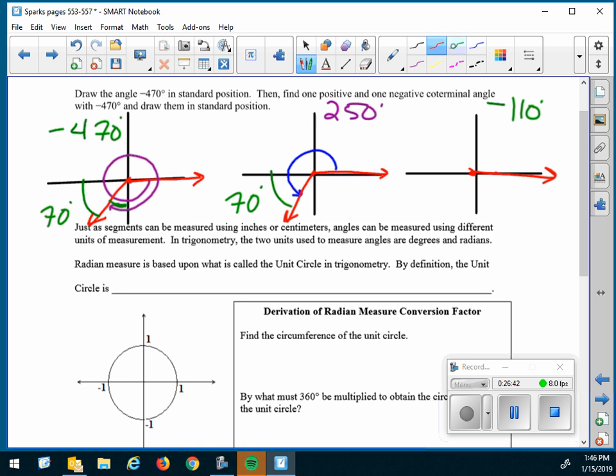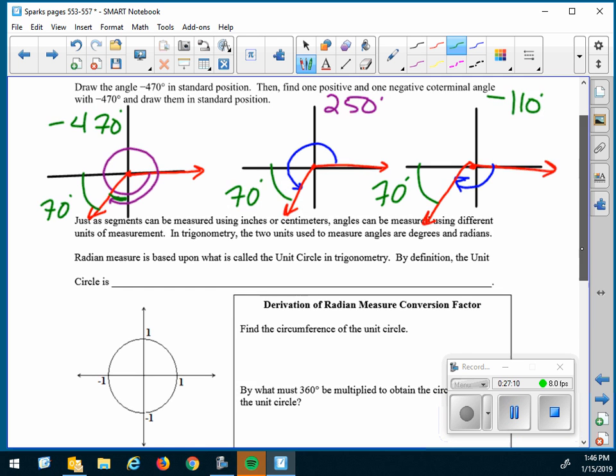Clockwise. 90 and a little bit. How much is that little bit? That little bit is 20 degrees. If that little bit is 20 degrees, what's this? Ladies and gentlemen, you just found three angles that are coterminal to one another. Same initial side and same terminal side, same reference angle.